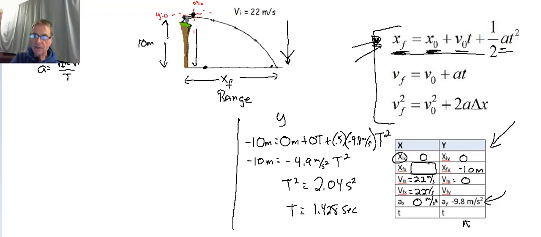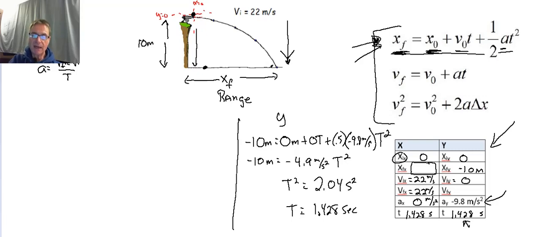Be careful about significant digits. I probably could have rounded this up to 1.43, and that would have been fine.